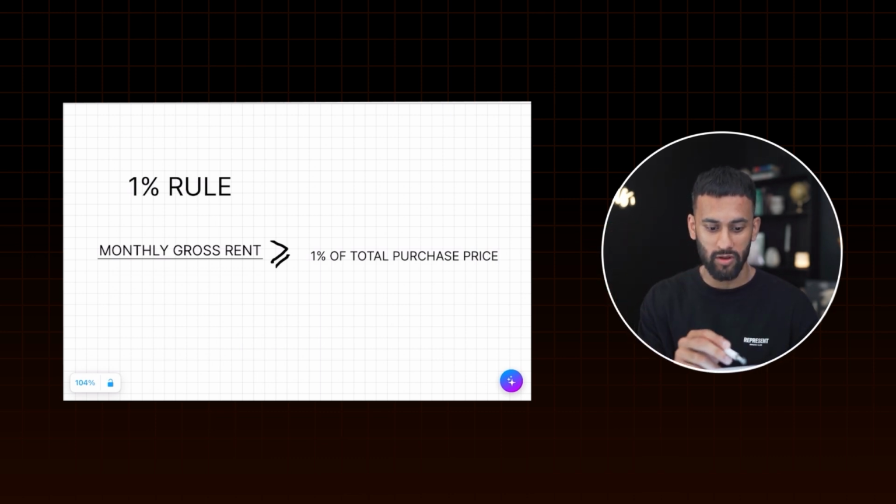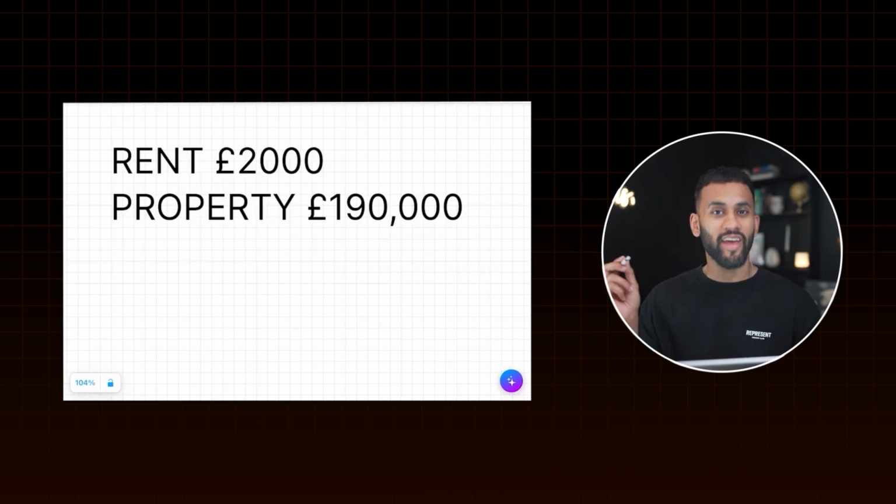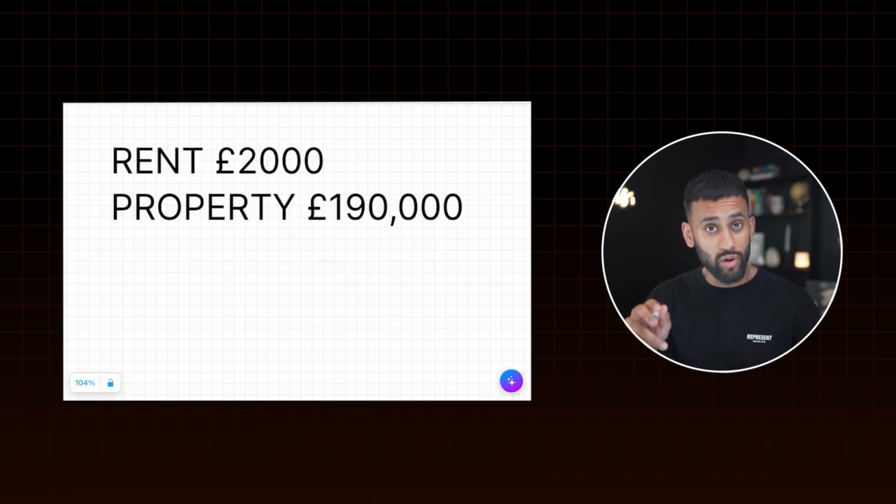So let me repeat that again. The 1% rule basically means that the monthly gross rent should be greater than or equal to 1% of the total purchase price. So here's an example of a property that would meet the 1% rule. Let's say you've got a property that rents out for £2,000 a month, and the property is on the market for £190,000.